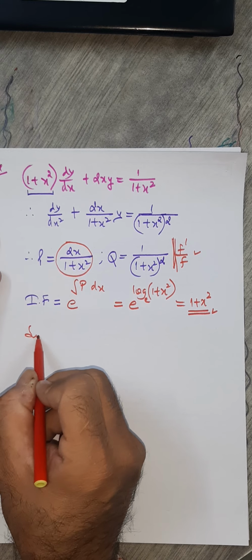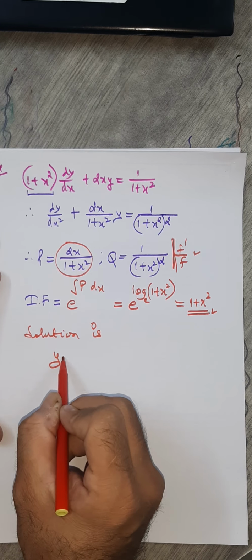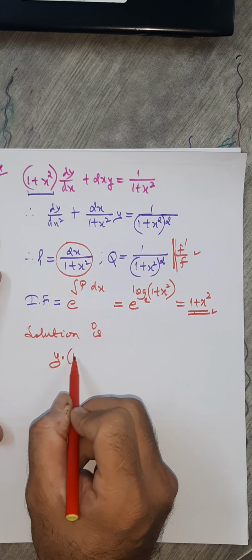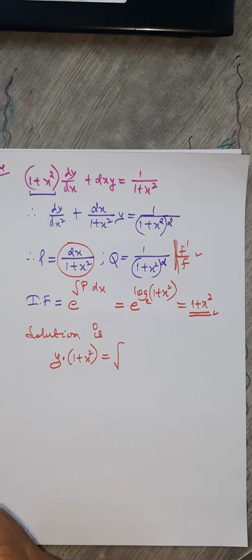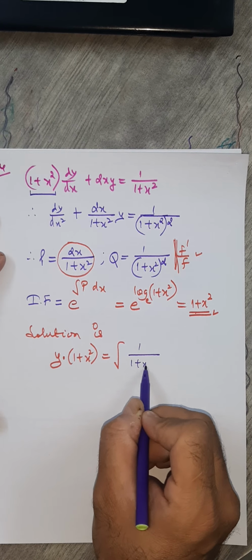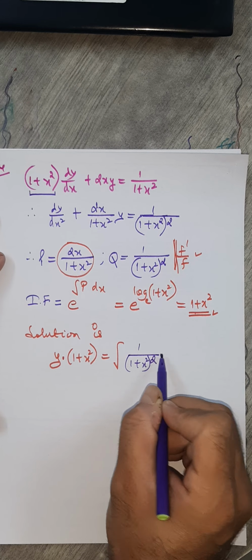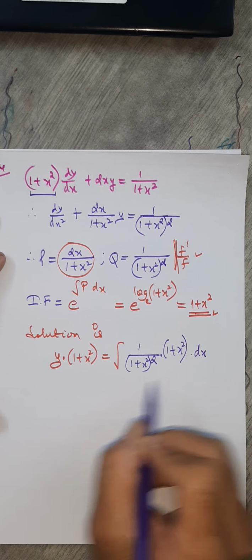Okay. So now formula for solution. Here y into integrating factor, I'm writing directly, I've dropped one step, equals to inside the integral q. What is q? That is 1 upon 1 plus x squared, the whole square, into integrating factor 1 plus x squared, the whole dx.